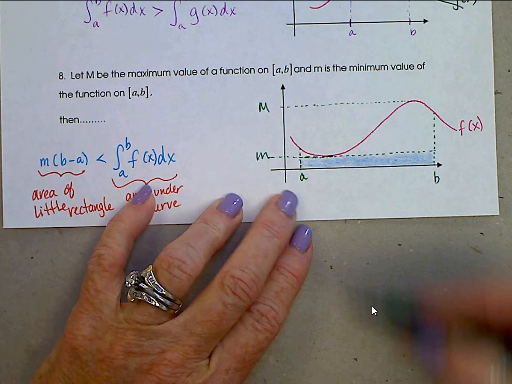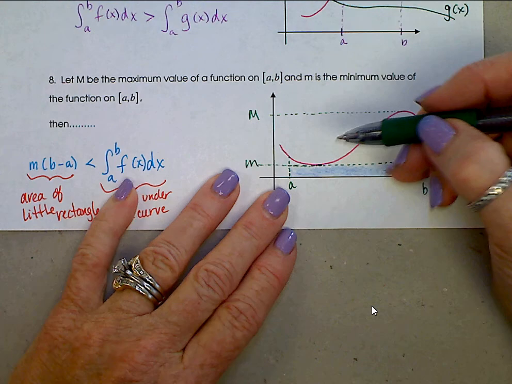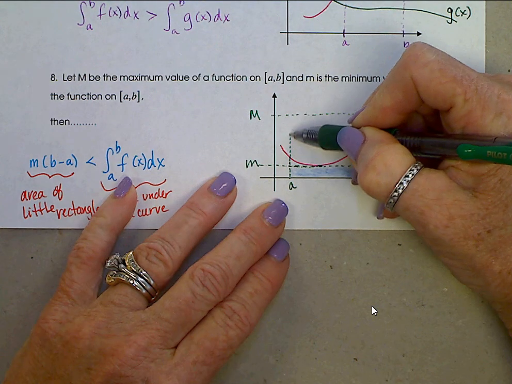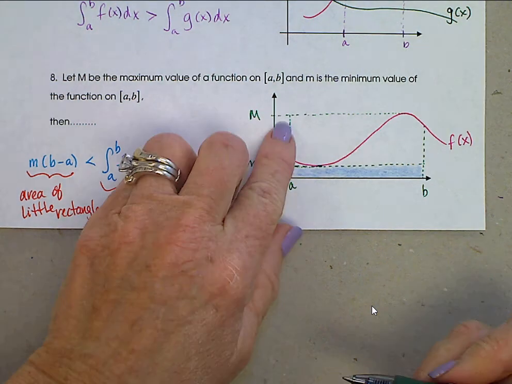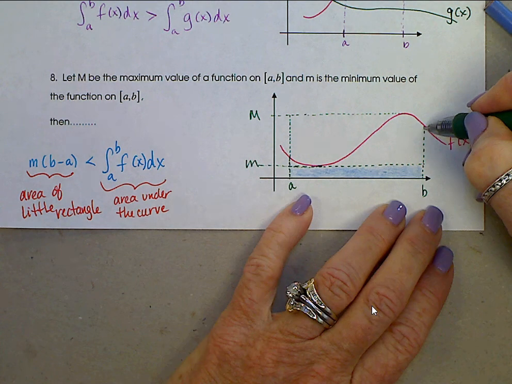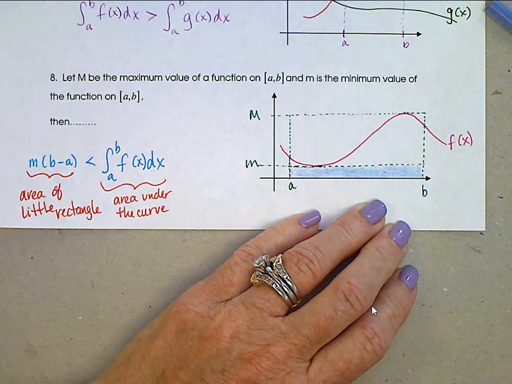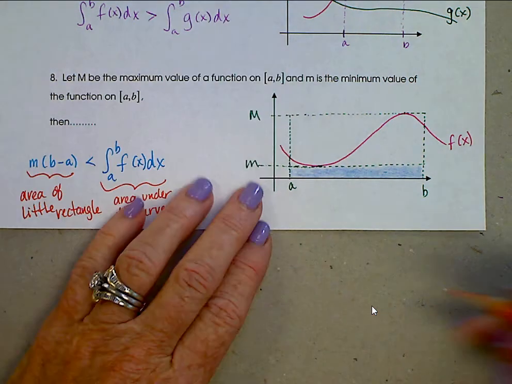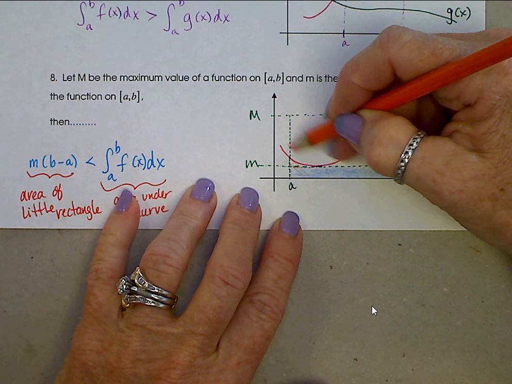Okay, now go back to this diagram and let's extend a, that vertical, all the way up to big M. And this b, let's extend that up and also extend this height of big M over there. And let's look now at this big rectangle.